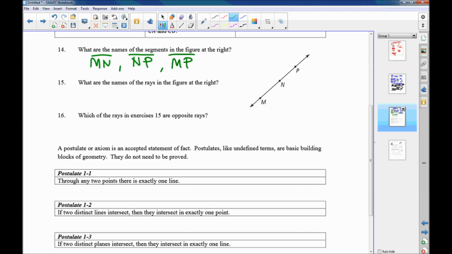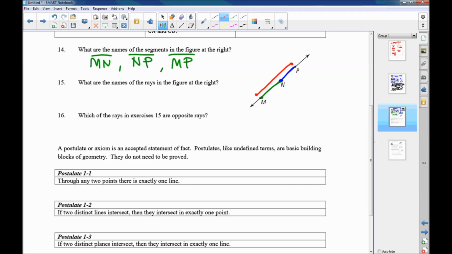Okay, so the first one, MN, defines this piece. The second one, NP, defines this piece. And the third one, MP, defines that piece. Okay. Now you could say, oh, well, what about segment NM? Well, it's the same. It didn't say give all the names for each of the segments, just said name all the segments. So there are three segments, so I have three names.